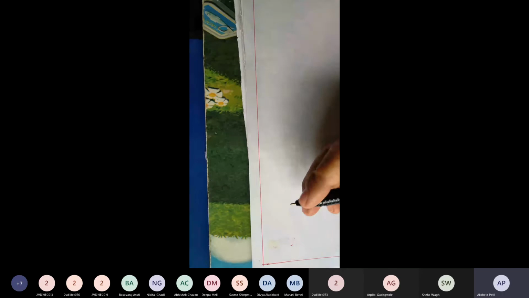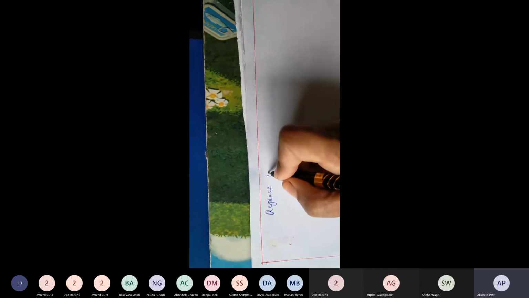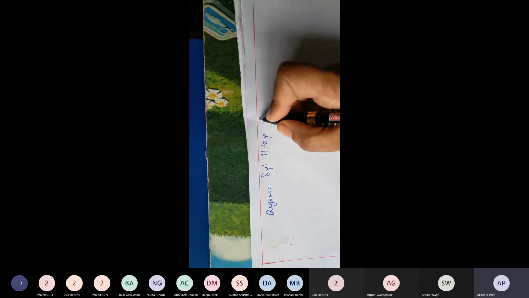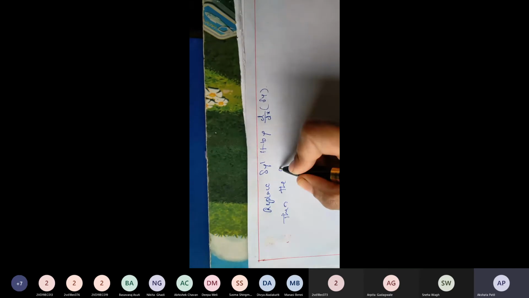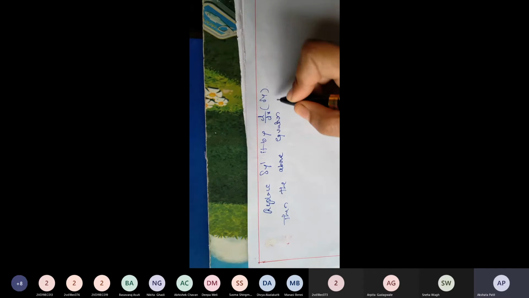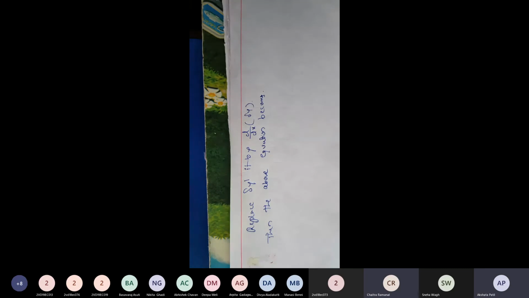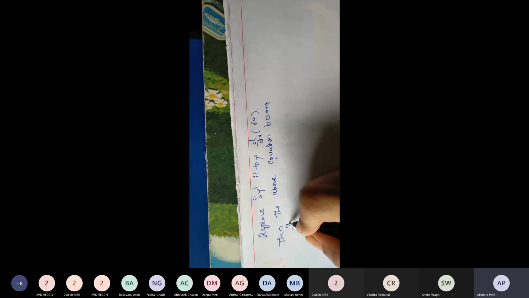So here we can write, replace delta y dash by d by dx into delta y, then the above equation becomes integration over x1 to x2.